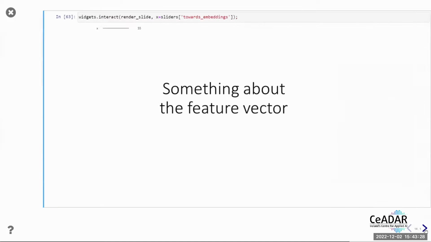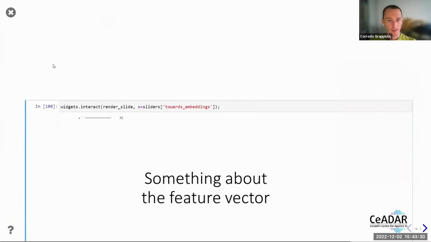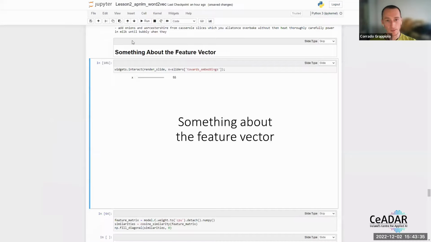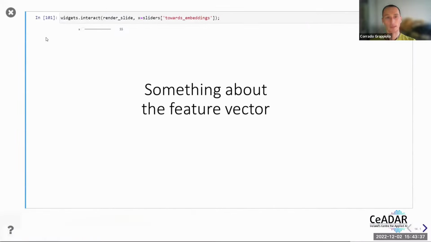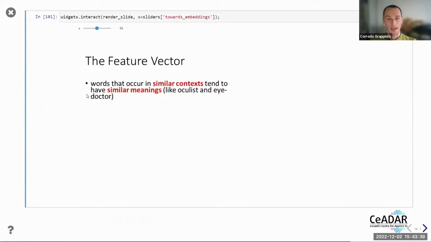Sure. Okay, so we talked about the feature vector. This is taken from the Jurafsky-Martin book. At the end, you will get the references of all the chapters that were used to create this lesson.